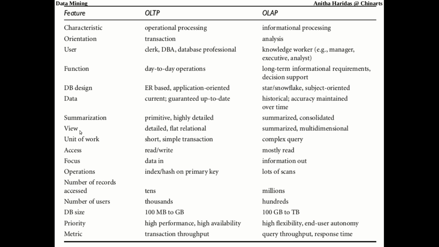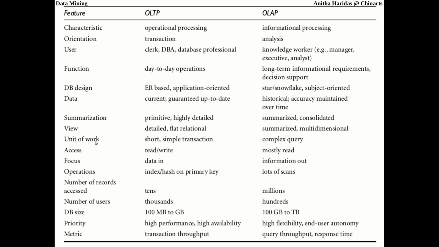And based on the view, obviously OLTP will have a detailed view, and it is going to be flat and relational data. Whereas here it is going to be a multi-dimensional data view, or the data cube view will be used here, and it is going to have summarized data.